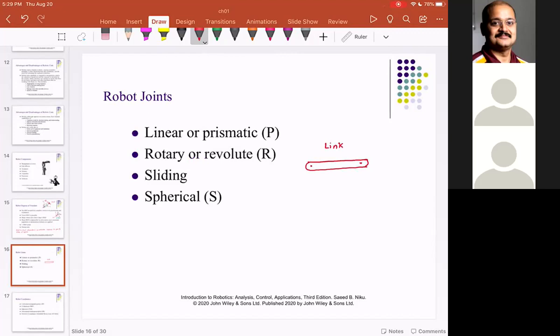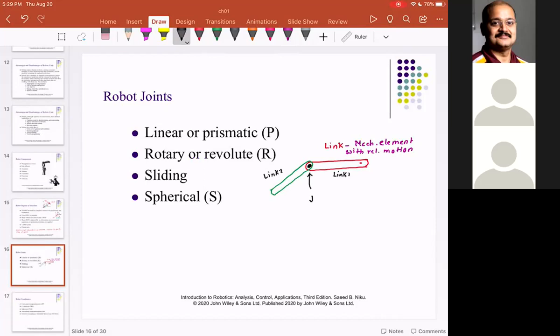As you can see, I have drawn a simple link. Now, when you add two links together, you need some sort of a joint that attaches link 1 to link 2.